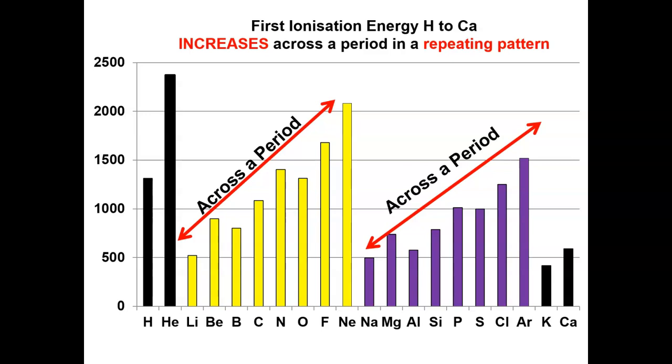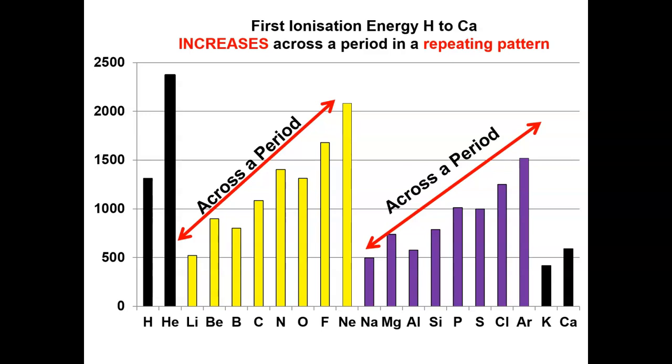You may recollect from our first video, we called this spin pairing, and it occurred when we entered a 4th p electron, where having obeyed Hund's rule and done single occupancy for the 3 p orbitals, we now have no choice but to pair up, and that destabilizes the arrangement, so we need slightly less energy to remove the electron. And then, of course, fluorine mirrors the same position as you got with chlorine, and then we got to a noble gas again.